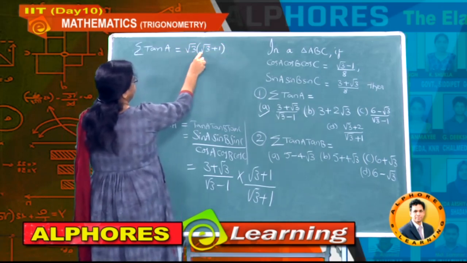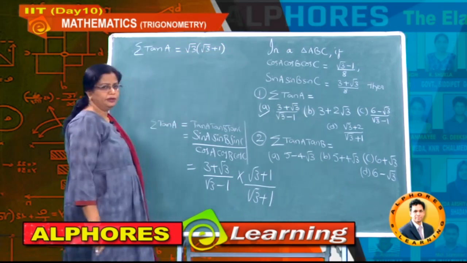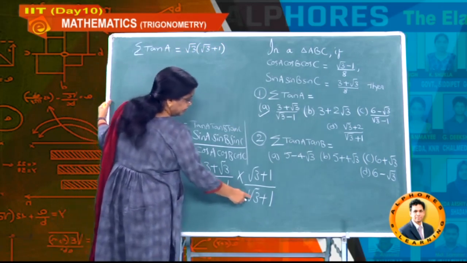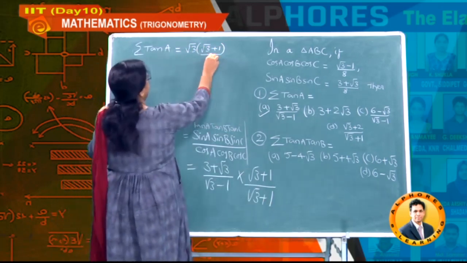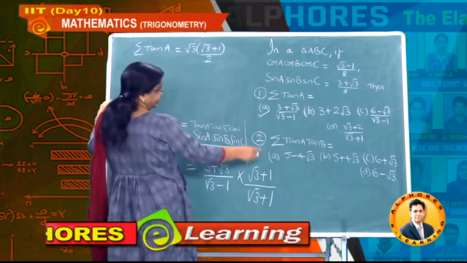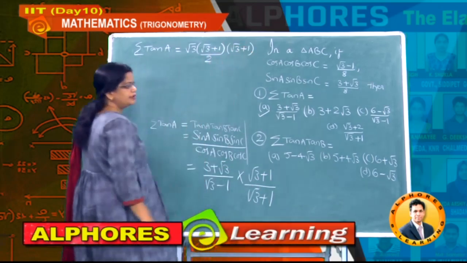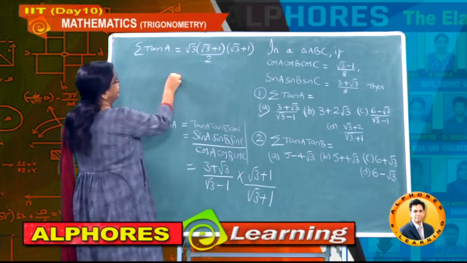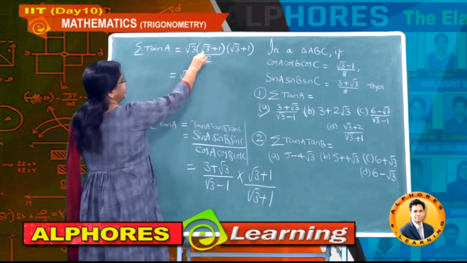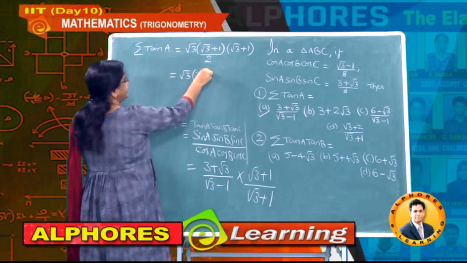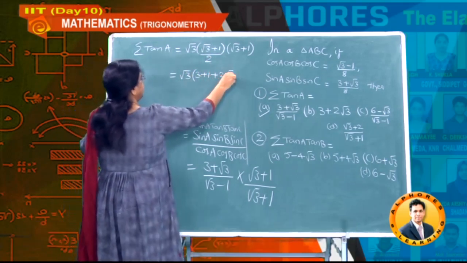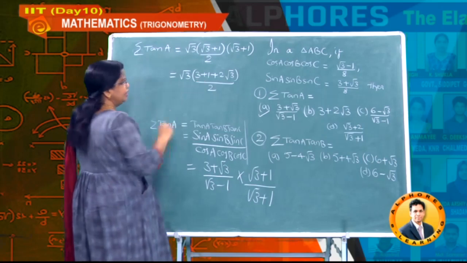Now observe, this is 3 plus root 3. And the denominator, A minus B into A plus B, so you got 2. And in the numerator one more root 3 plus 1 you are having. Understand students? Therefore here you have root 3 into, this is whole square, meaning 3 plus 1 plus 2 root 3, whole divided by 2.